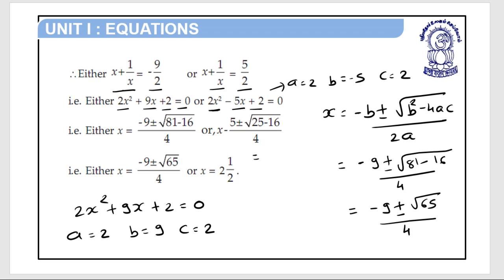So 5 plus or minus under root 9, 3, by 4. 5 plus 3 by 4, 5 minus 3 by 4. 8 by 4, 4 2s are 8. 5 minus 3, 2 by 4. So 2 and 1 by 2.